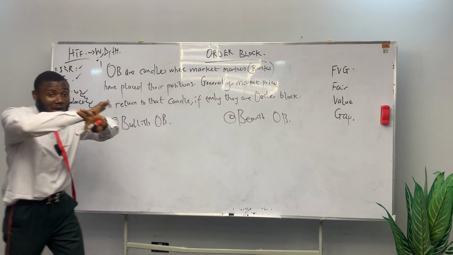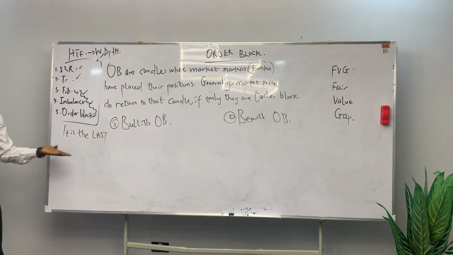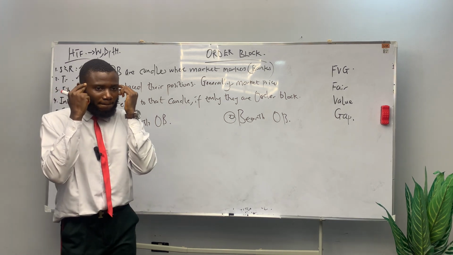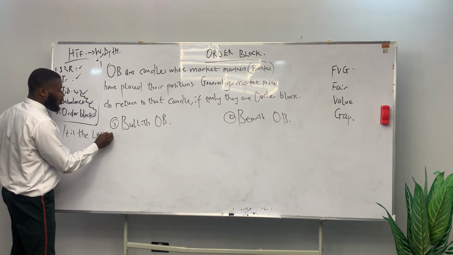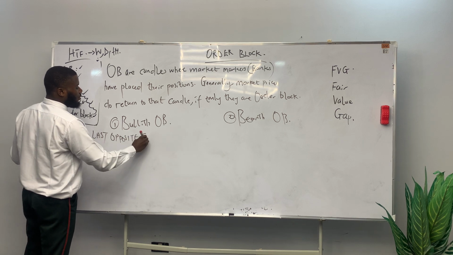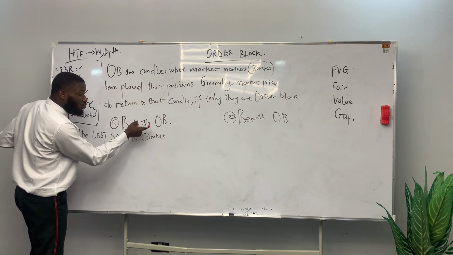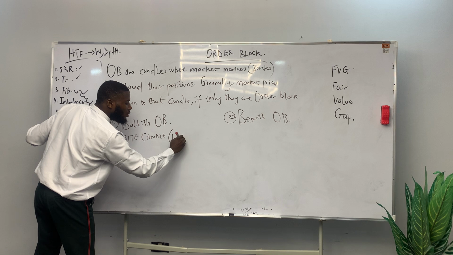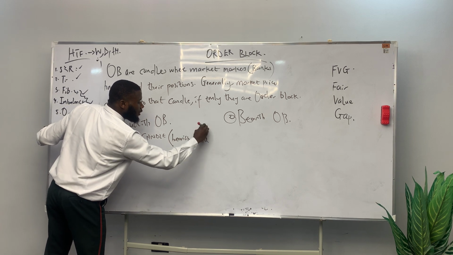I will explain everything and show you everything in the chart. I just want to put it in writing so that you can grasp what I'm trying to say. It is the last down candle, or last opposite candle. In bullish OB, it becomes the bearish candle.